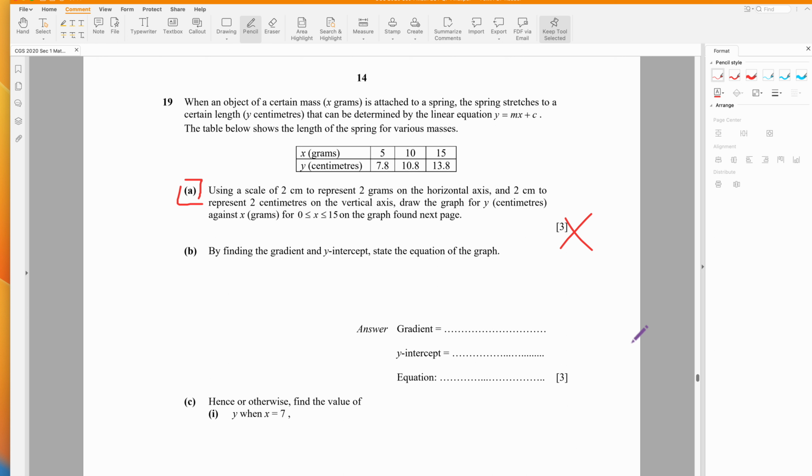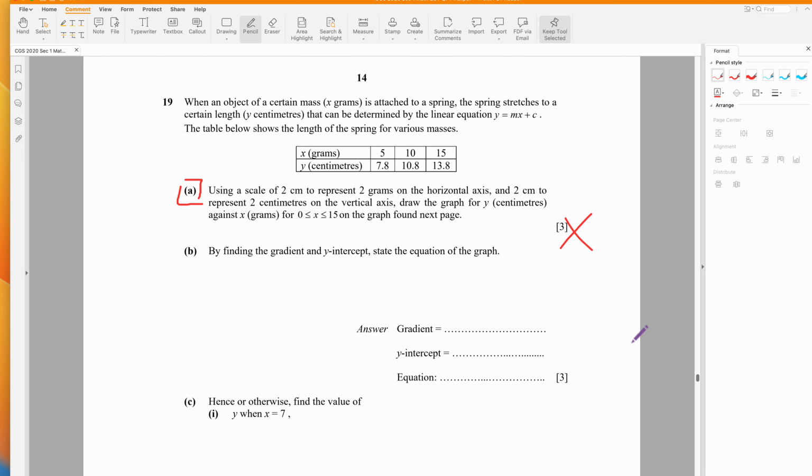So next time when you get a weird shape, then probably you want to ask yourself whether you have used the correct scale or not. How do you get 7.8 with 2? You don't think about that first. You just follow the scale first. Then you will find out 1 square is how much.